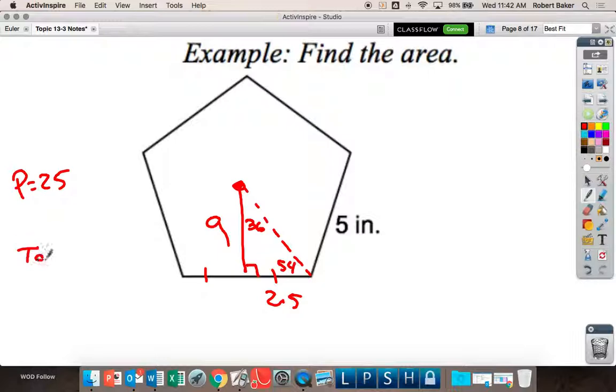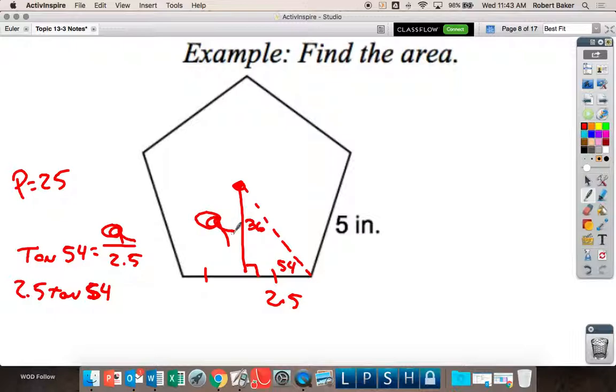The tangent of 54 degrees is equal to the opposite length over 2.5. Somebody math that for me. 3.4. Is that an A or a 9? It's an A, because it's the apothem.